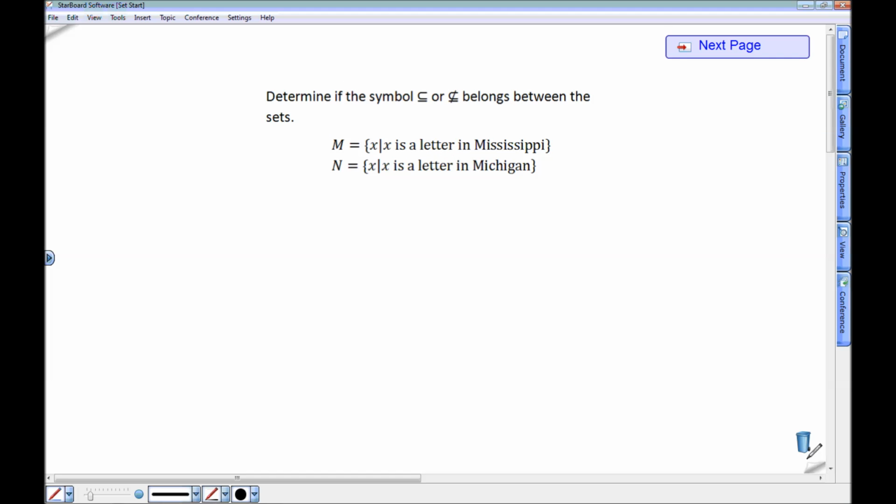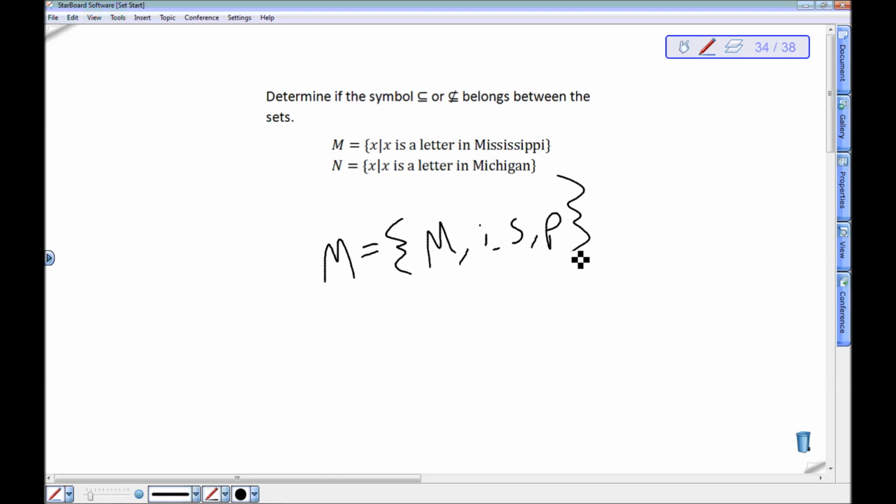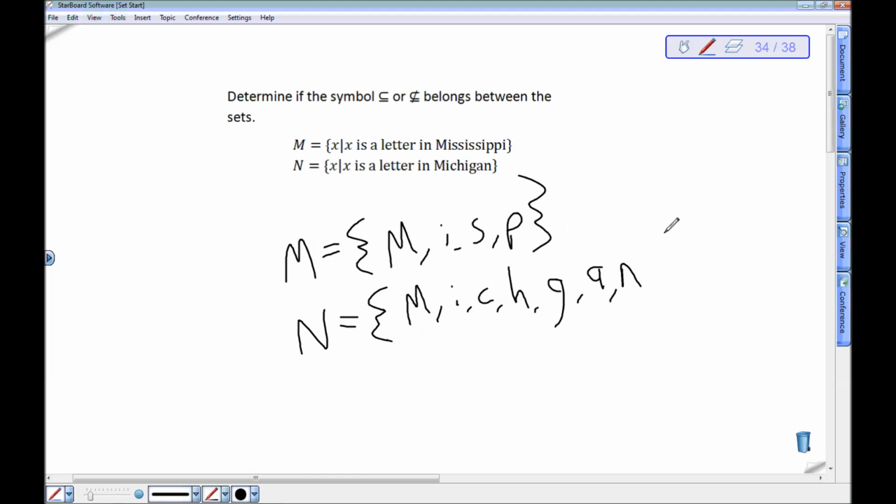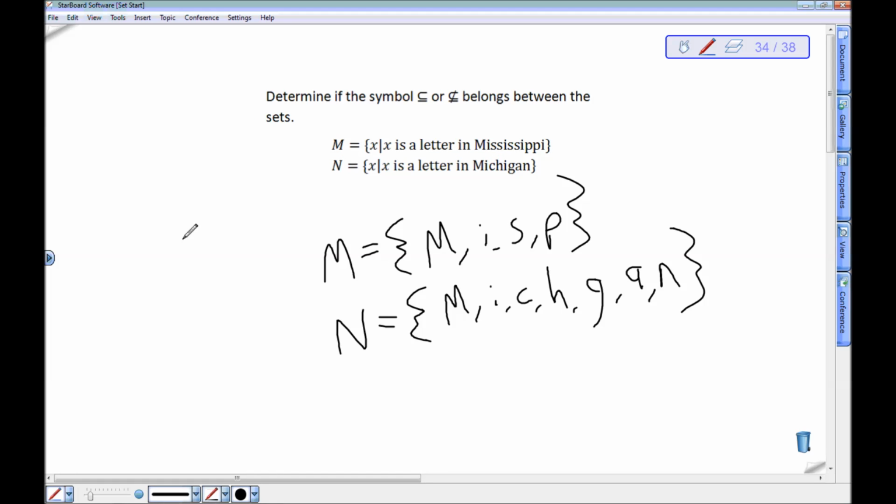Next up, I've got the set M. M is the set of all x such that x is a letter in Mississippi. So that's M, I, S, P in roster form. N is the set of all x such that x is a letter in Michigan. That's M, I, C, H, I again, G, A, N. So there's the set N. So is M a subset of N?